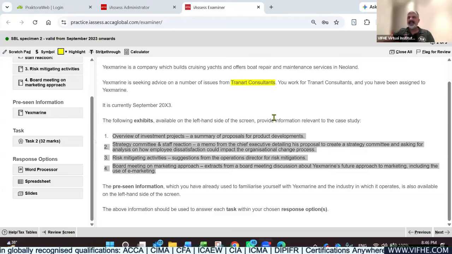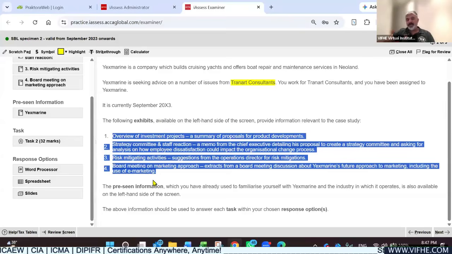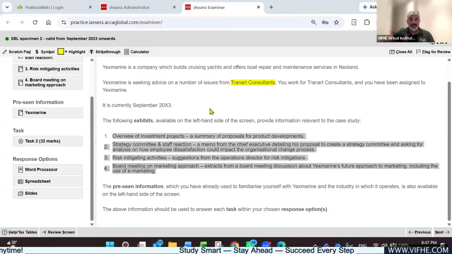Right. Then what do we do? Copy paste all technical requirements on Scratchpad. Okay. So the next thing is, should we read the requirements first? Yes or no? You don't want to read the requirement?